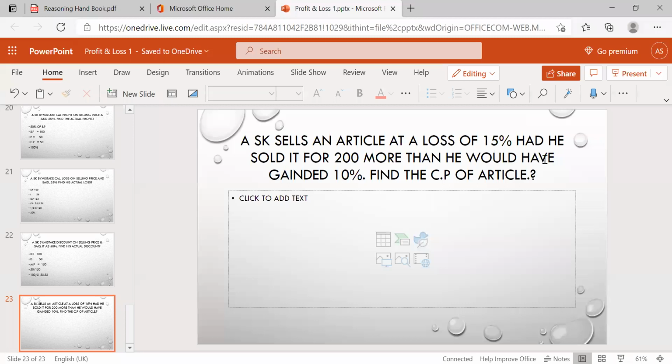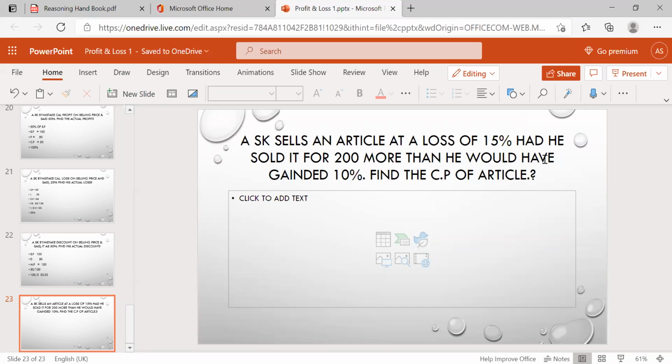So 15% loss before, and now 10% profit. That means he covered that 15% loss and then he gained 10% extra. That means totally how much he gained? 25% extra. That 25% is nothing but 200 rupees.